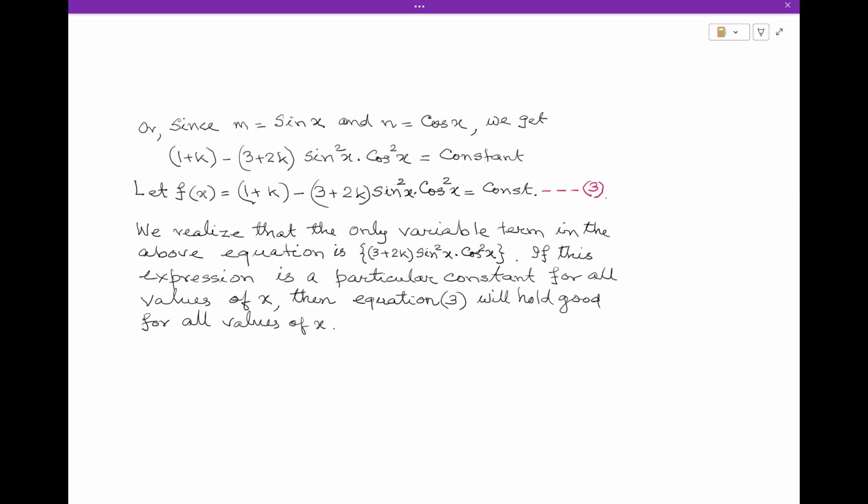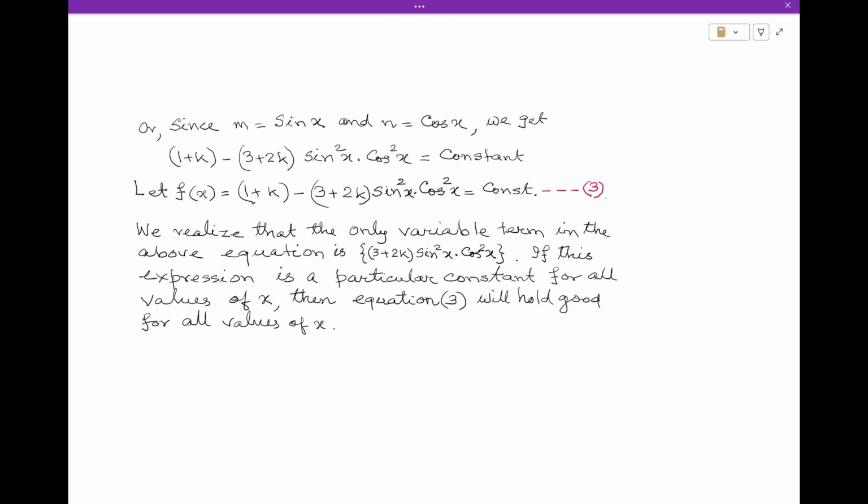Let f of x be 1 plus k minus 3 plus 2k whole multiplied by sin square x into cos square x is equal to constant. Let us call it equation 3.